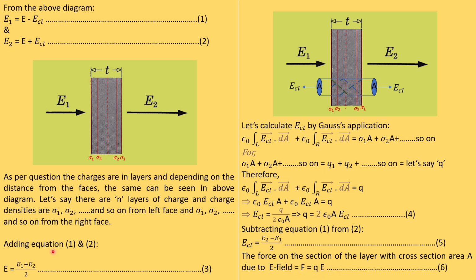So E we already got in terms of E1 and E2, which is a known quantity. If we find out Q, we will be able to get the force on the charge layer due to the E field.